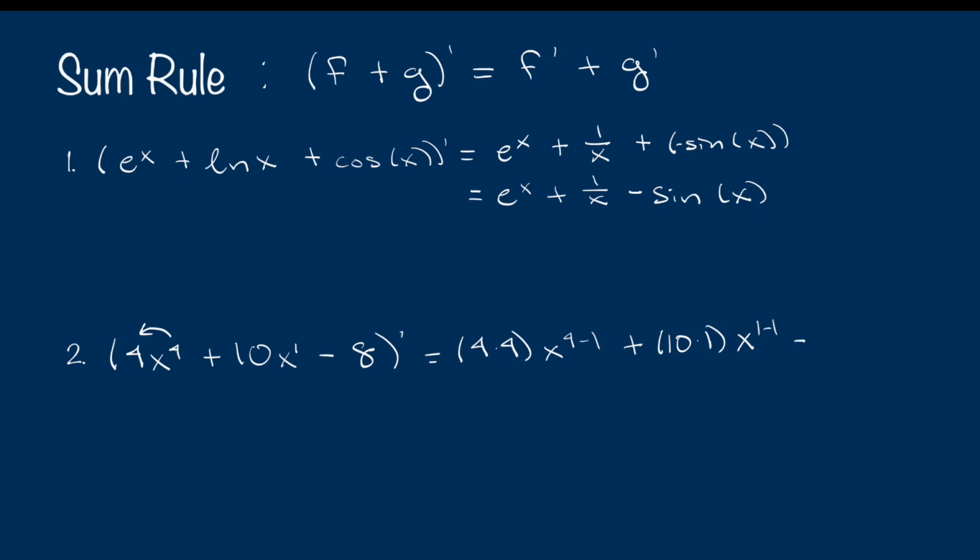And then we're going to have the derivative of 8, which we know is just 0. So to simplify it, we have 16 times x to the third plus 10x to the 0, which again, simplifying, is 16x to the third plus 10.